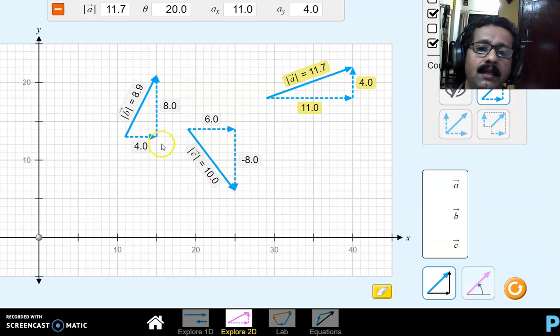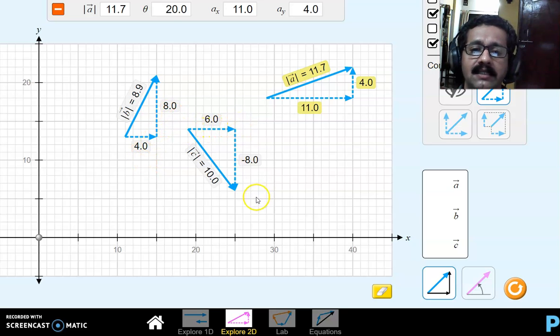B is given by 4i plus 8j. C is given along x-axis as 6, but along y-axis it is going down, minus 8j. So you have got three vectors: 11i plus 4j, the second is 4i plus 8j, the third is 6i minus 8j.